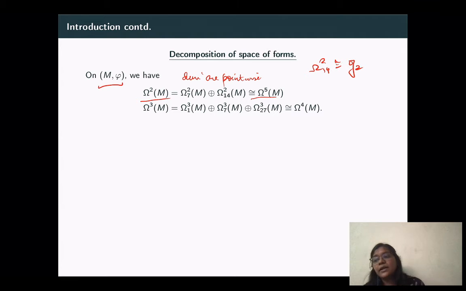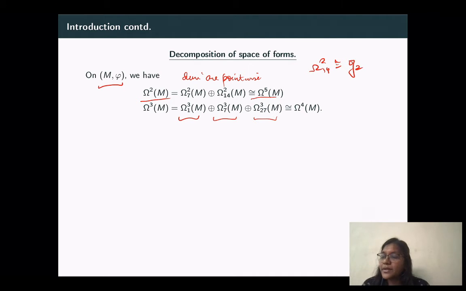And then similarly for 3-forms we have this decomposition, but now it has three pieces. The first irrep is just the trivial irrep of the Lie group G2, the 1-dimensional one. The other one is again a 7-dimensional representation of the Lie group G2 on R^7. And the last is Omega^3_27, which is a 27-dimensional irreducible representation of G2, given by the traceless symmetric elements on R^7.